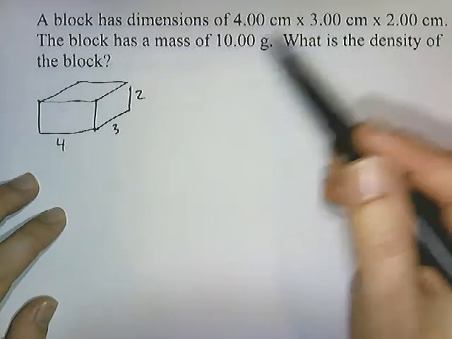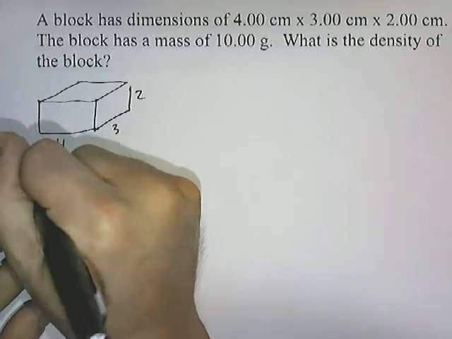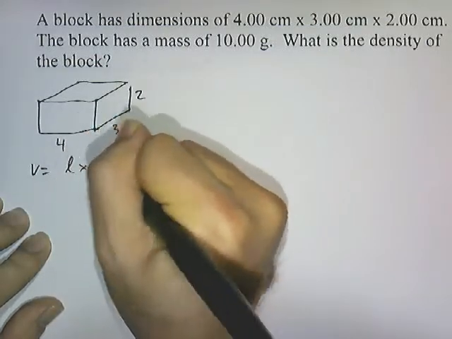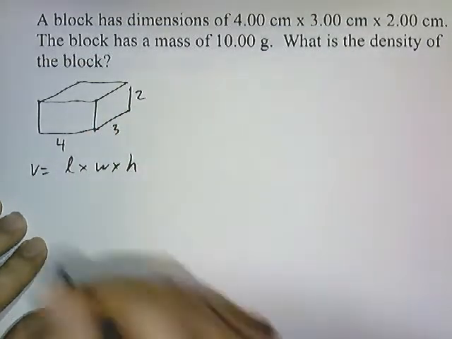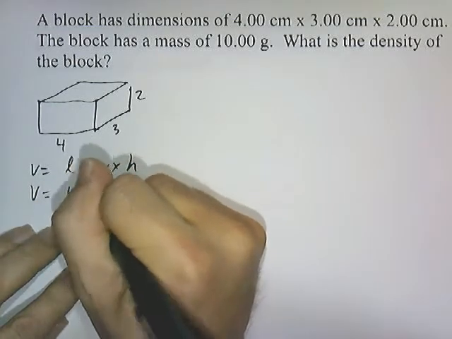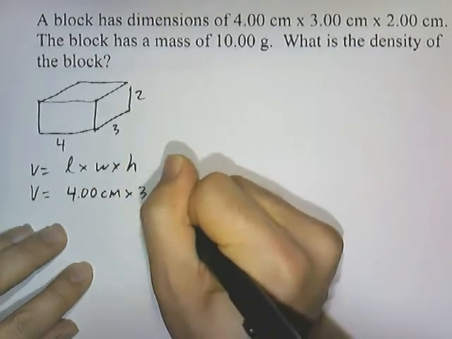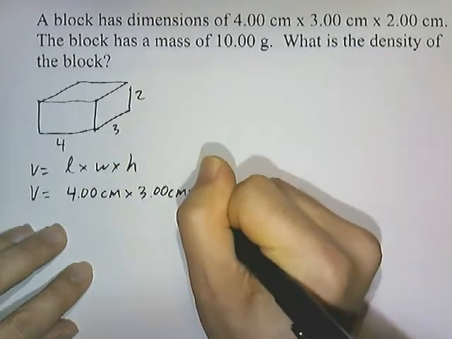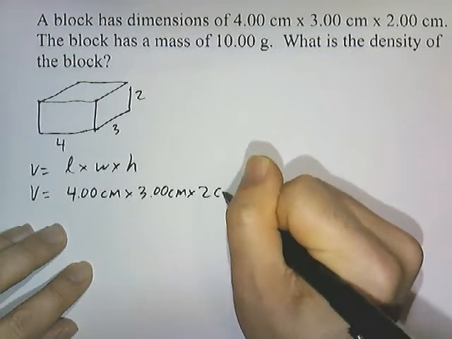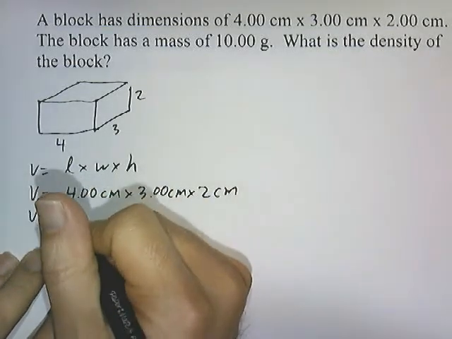So in this problem, they don't tell us the volume of the block, but we can figure it out. The volume of the block is length times width times height. So the volume of our block is going to be 4 centimeters times 3 centimeters times 2 centimeters. 4 times 3 times 2 is 24.